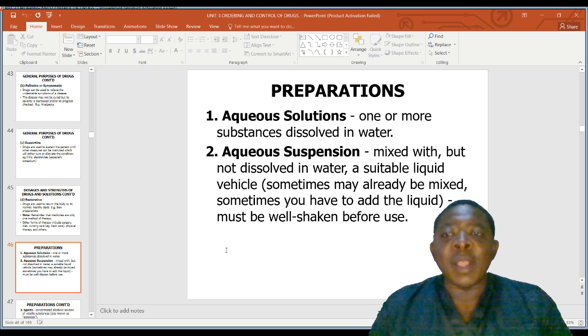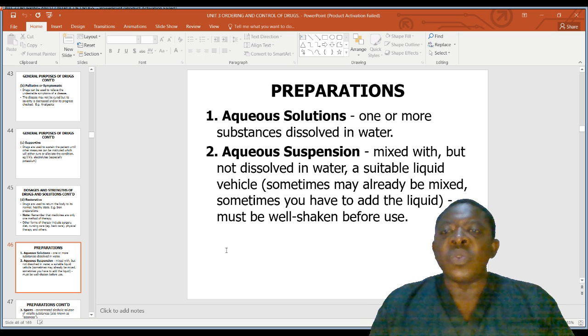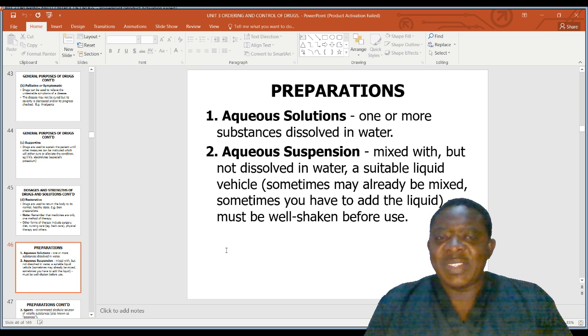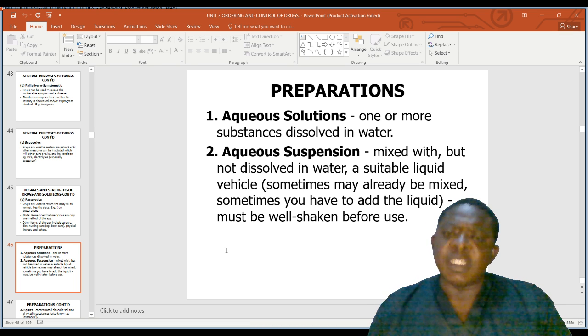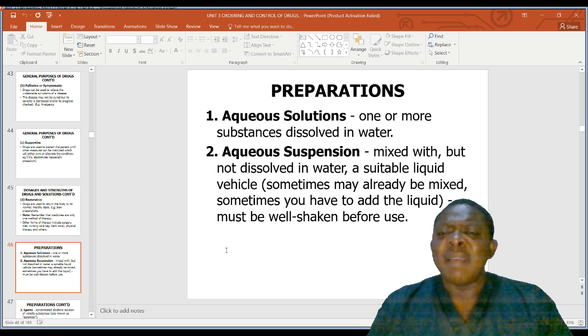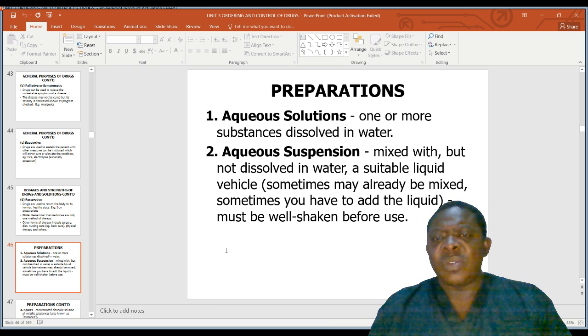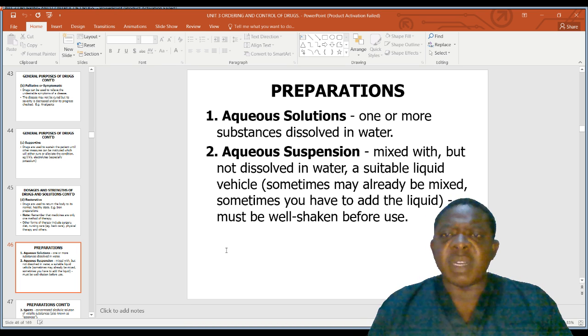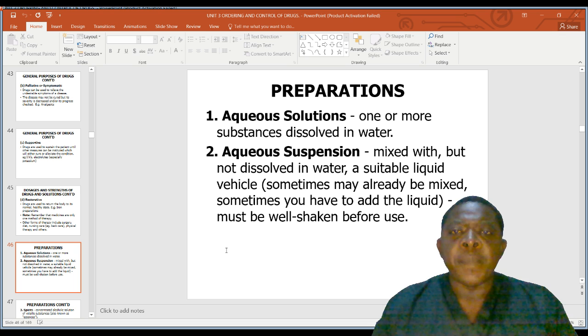So mixed with but not dissolved, it's a suspension. Aqueous solution is where one has it dissolved. With a suspension, you are required to shake before you take so that all the chemical components can mix nicely. But in an aqueous solution, you find that the chemical components or substances have dissolved there.